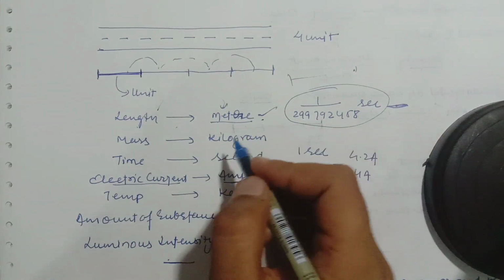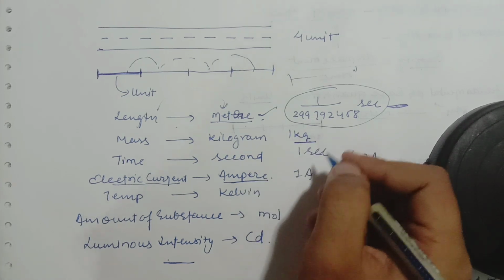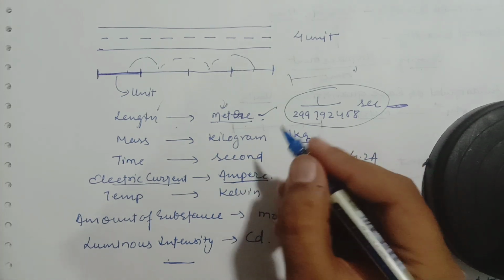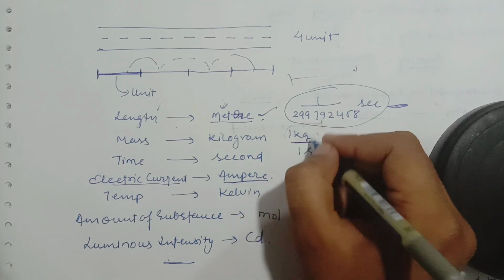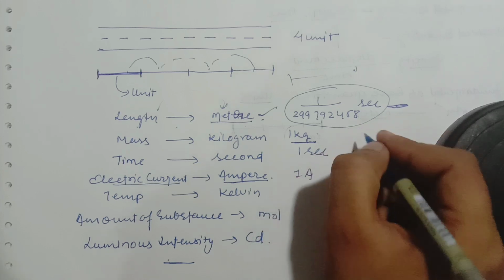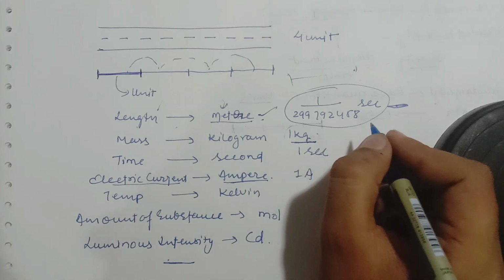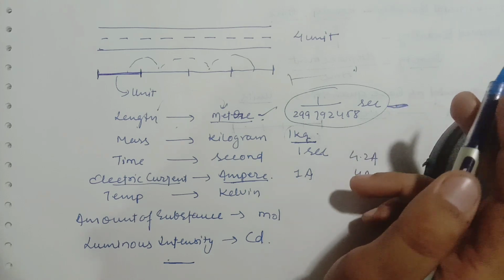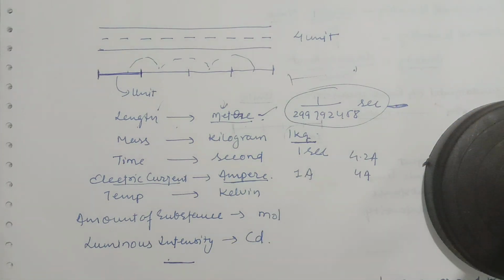Similarly, the definition of 1 kilogram is that 1 kilogram is the mass of a prototype, which is a platinum iridium alloy cylinder, and that is kept in France at the International Bureau of Weights and Measures.